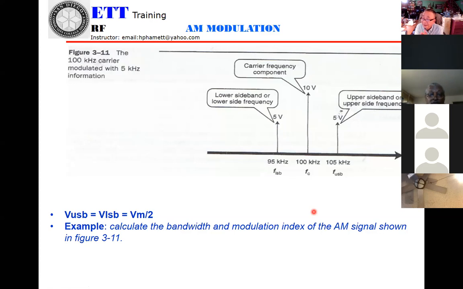Example: calculate the bandwidth and modulation index of the AM signal. I believe you know how to calculate the bandwidth, right? We already know, 105 minus 95. And now you tell me the index m.